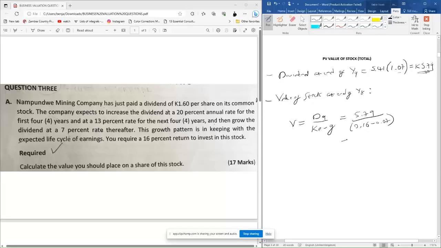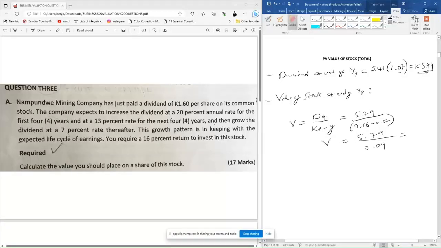All right, let's simplify this. On top again, we're still going to have 5 kwacha 79 ngwe as our dividend at the end of year 9, and then 0.16 minus 0.07 is going to give us 0.09.